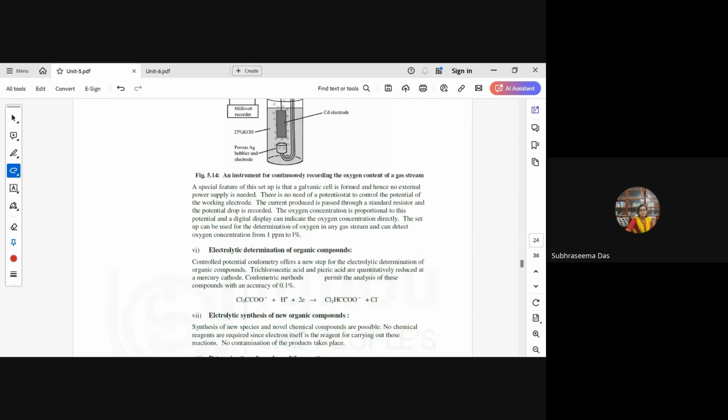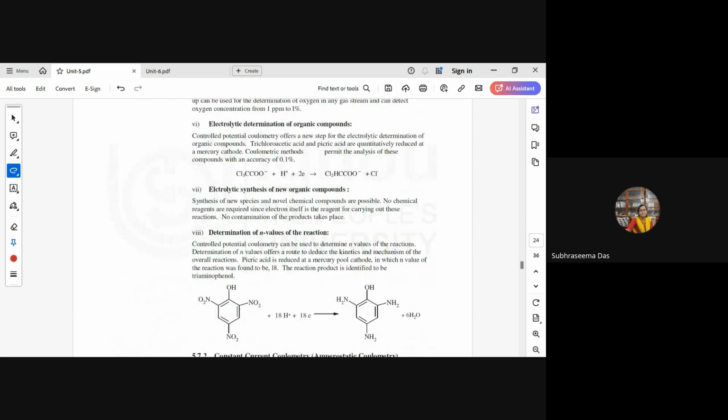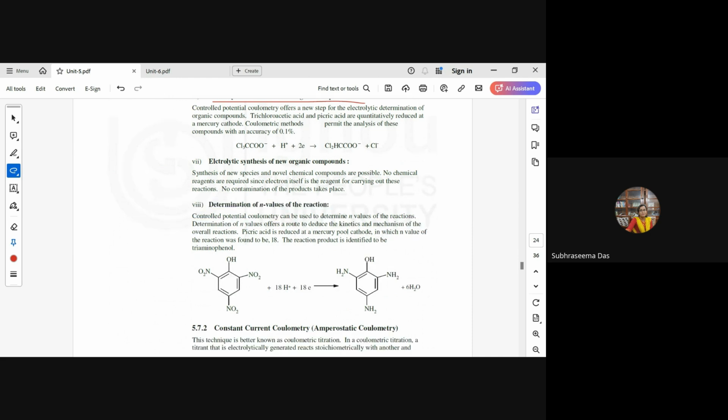It is also used for the electrolytic determination of organic compounds. Controlled potential coulometry is also helpful in the electrolytic synthesis of new organic compounds. No chemical reagents are required, since the electron itself is the reagent used for carrying out the conventional chemical processes, and in electrolytic synthesis no contamination occurs.